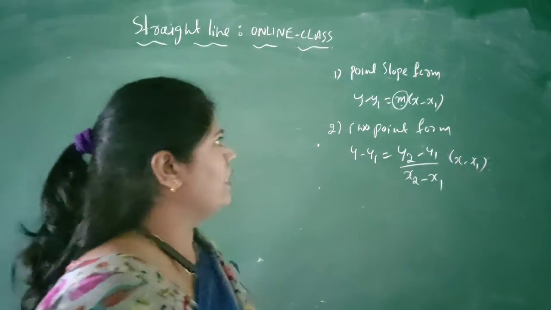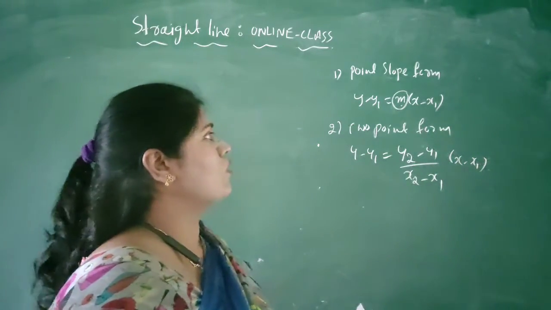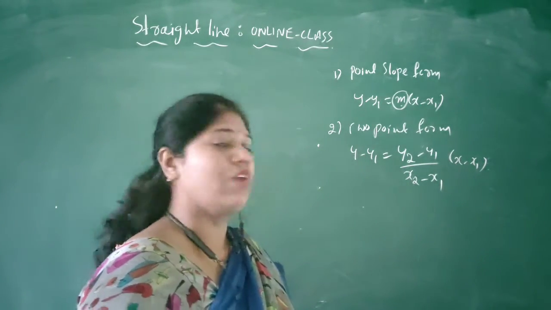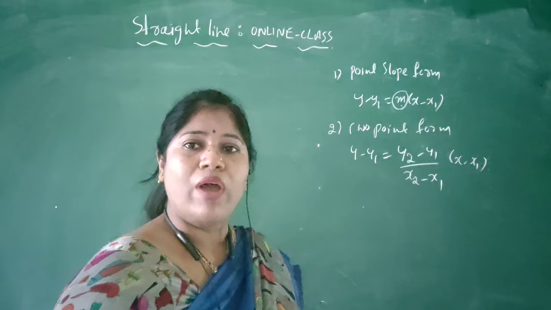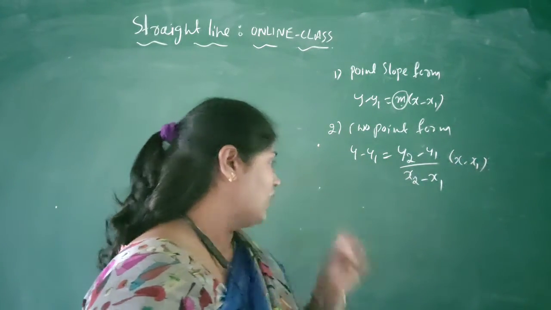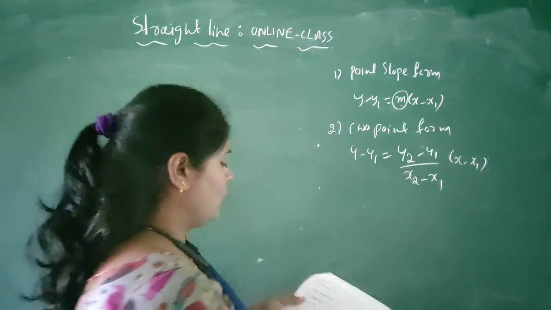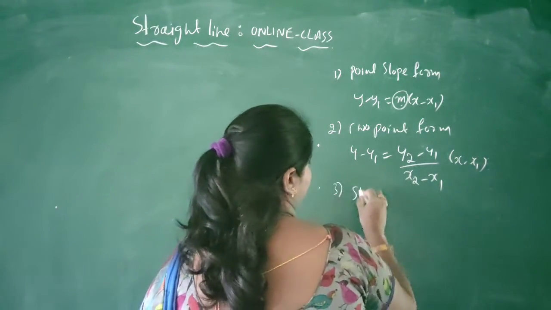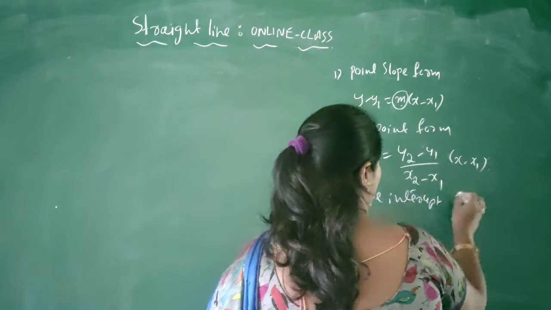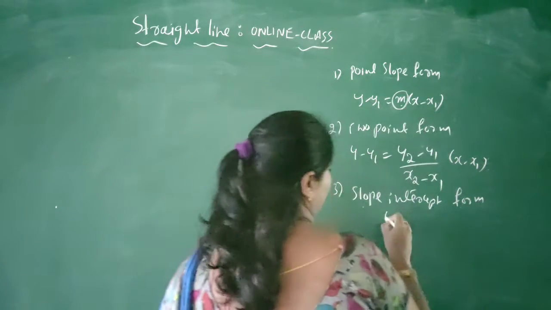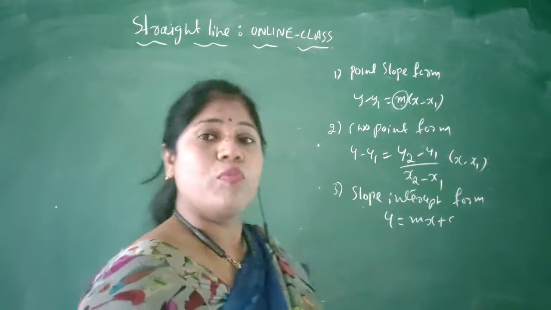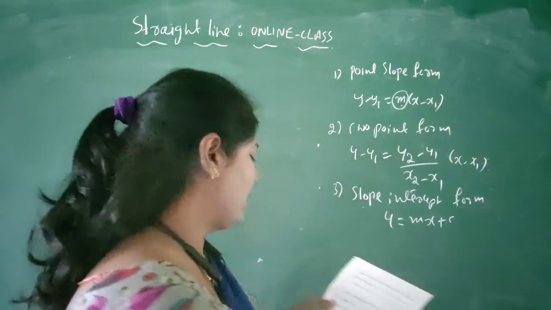So point slope form is y minus y1 equals m of (x minus x1), where m is the slope. 2-point form is y minus y1 equals (y2 minus y1) divided by (x2 minus x1) into (x minus x1). Next, slope intercept form is y equals mx plus c.